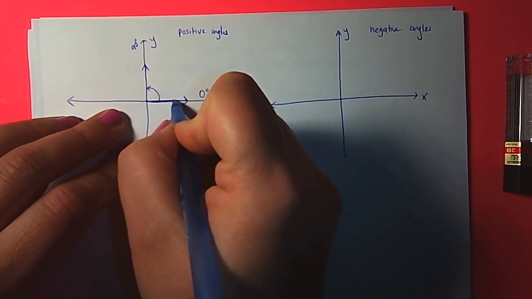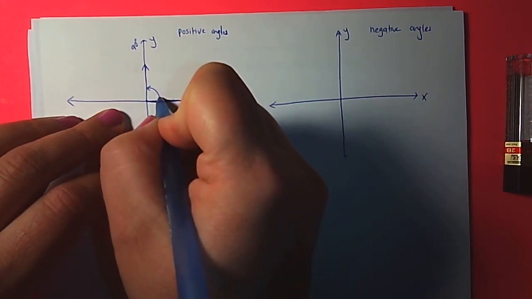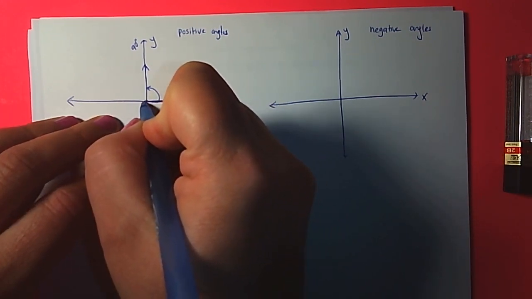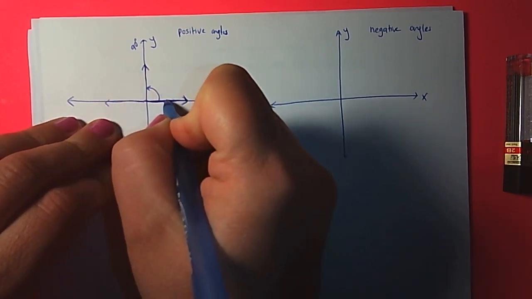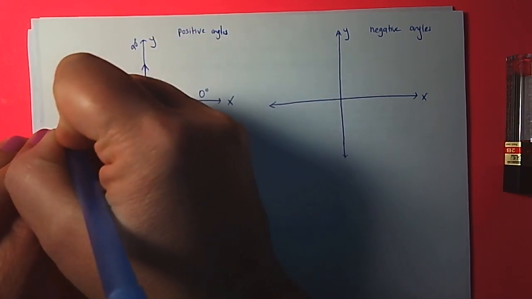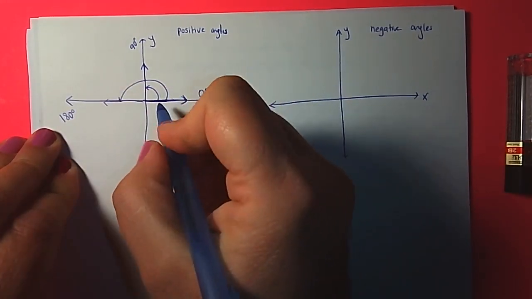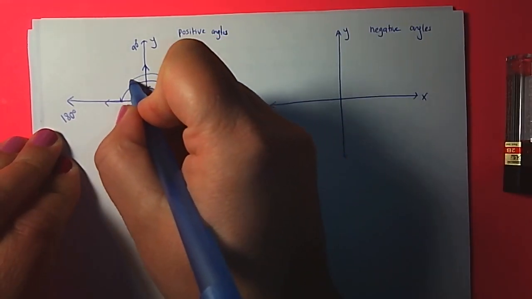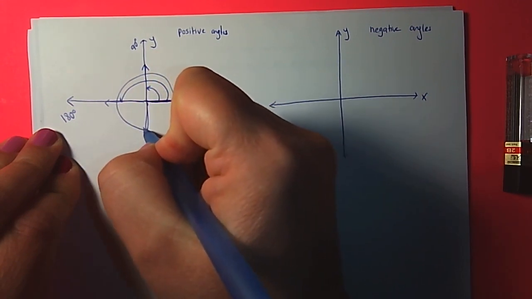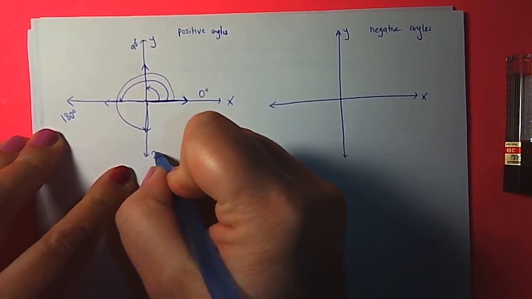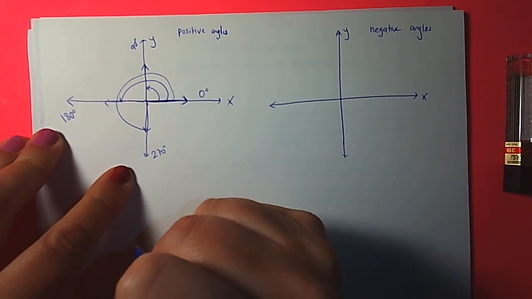Again the initial arm is on the positive x-axis. If the terminal arm is located on the negative x-axis, then we have positive 180 degree. If the terminal arm is located on the negative y-axis, then we have positive 270 degree.